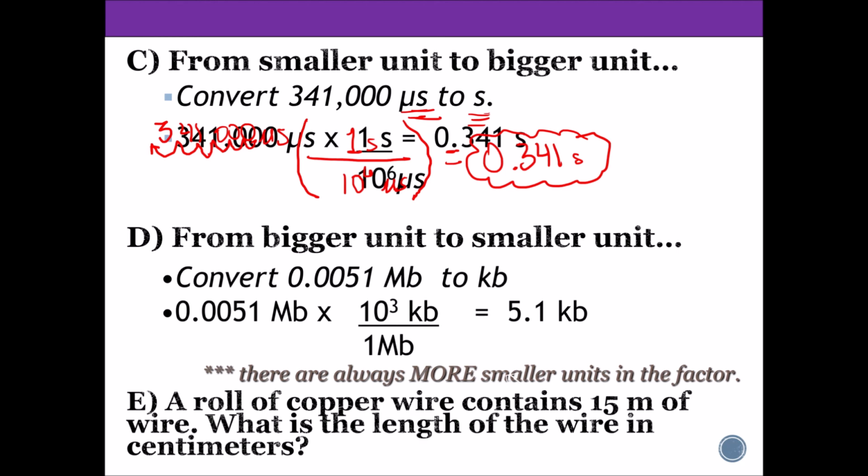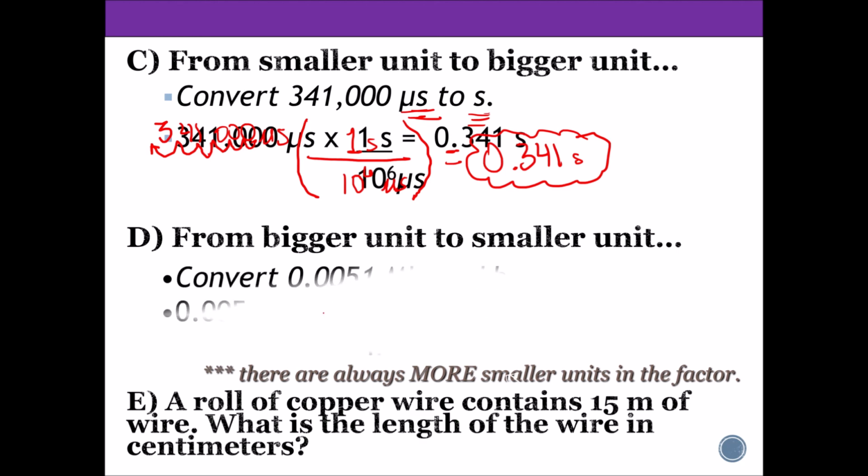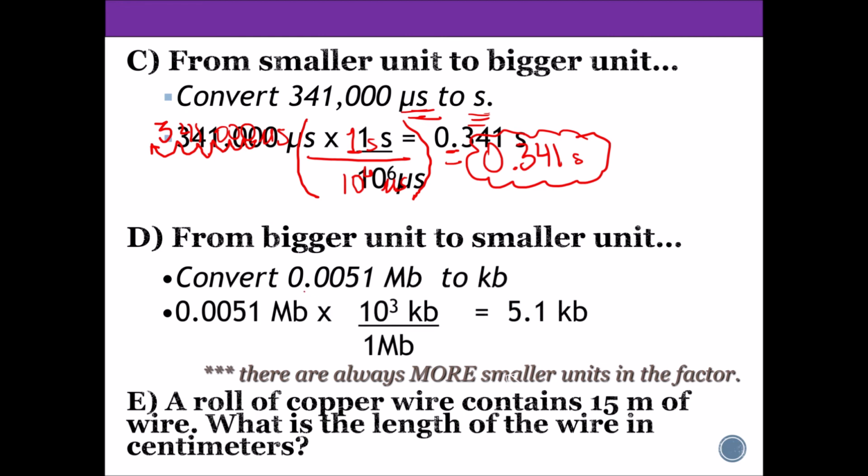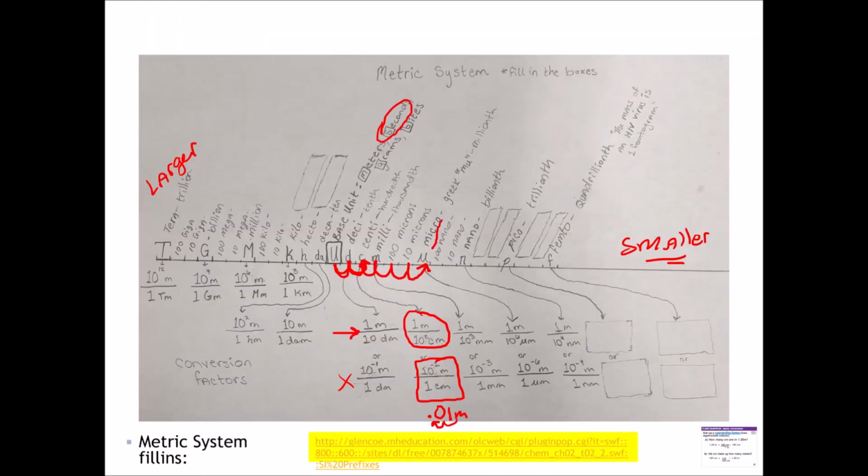All right, for the last one, convert 0.0051 megabytes to kilobytes. Let's go and see how many powers there are between kilo and mega. Here's kilo. Kilo stands for 1,000.